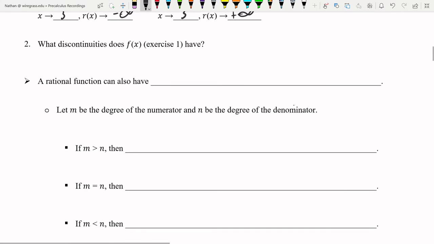Now, we've talked about these asymptotes and these discontinuities as holes or removable discontinuities. But a rational function can also have, besides vertical asymptotes, horizontal asymptotes.